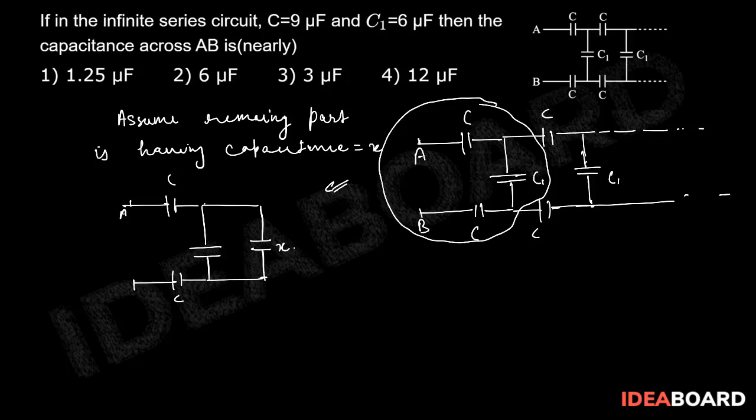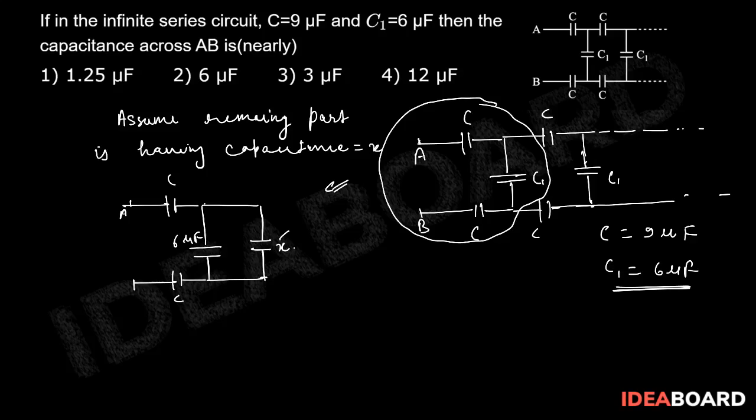So this is the standard method to solve such type of series, for resistance also, for capacitance also. Now we are provided the information that C is equal to 9 microfarad and C1 is equal to 6 microfarad, correct? So here this X and this C1, which is 6 microfarad, will be in parallel.